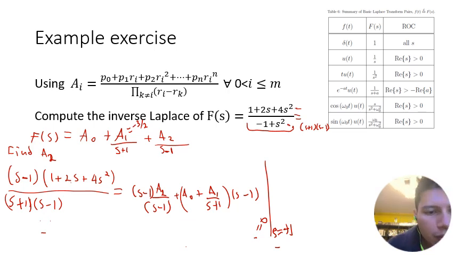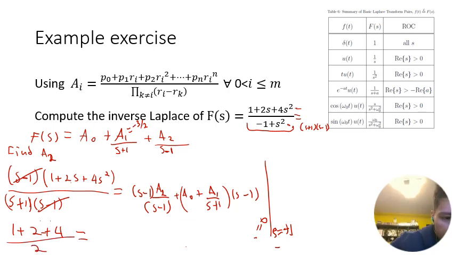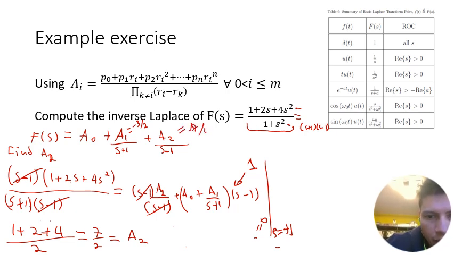Remember, these cancel. So we have 1 plus 2 plus 4 divided by 2, which gives us 7 over 2, and that has to be equal to a2. Remember, when we plug in 1 here, that's going to be 0. So now we have a2 is 7 over 2.